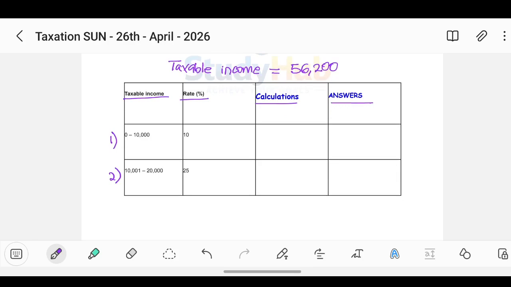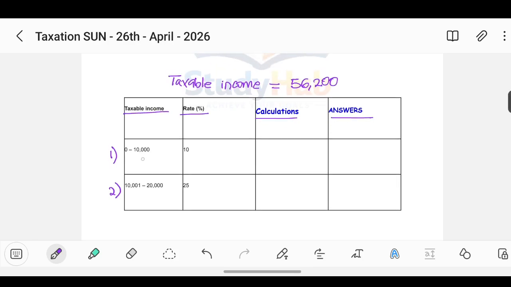So it means that we are going to first tax the first 10,000 from that taxable income. So how are we going to tax that money?